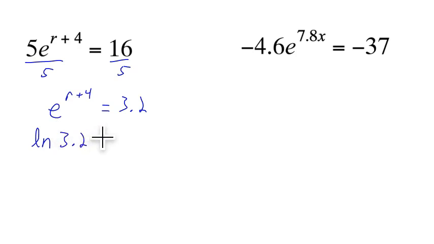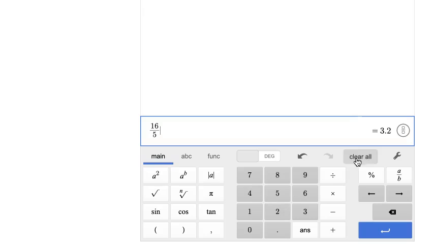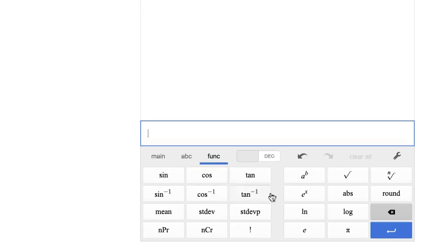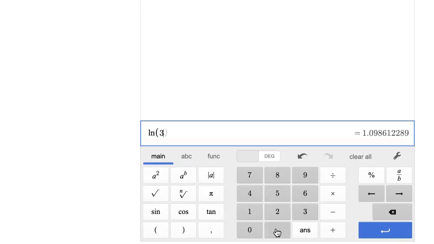So ln of 3.2 is equal to the exponent. We'll go to the calculator to figure out the natural log of 3.2. And we get 1.16.